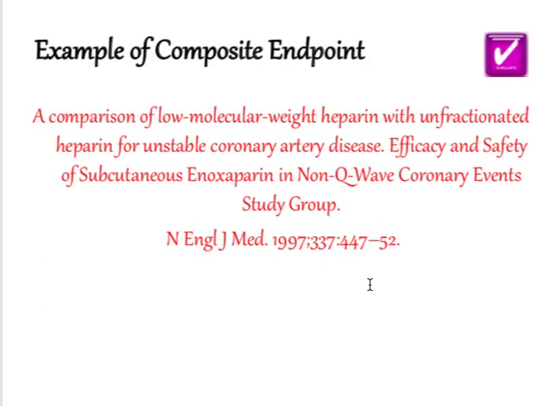It was published in the New England Journal of Medicine, 1997. A comparison of low molecular weight heparin versus unfractionated heparin for unstable coronary artery disease: efficacy and safety of subcutaneous enoxaparin in non-Q wave coronary events study group. Again, check the title. What do you think of the title?